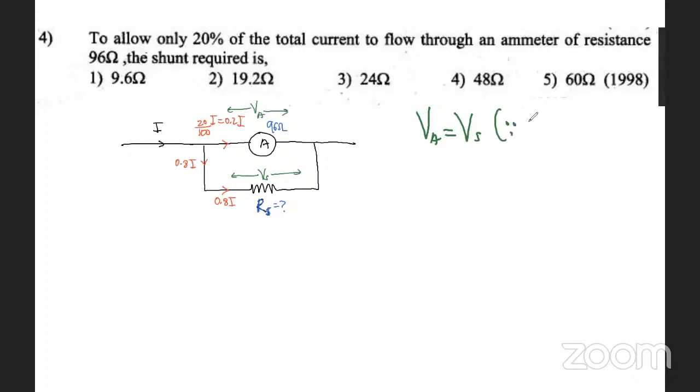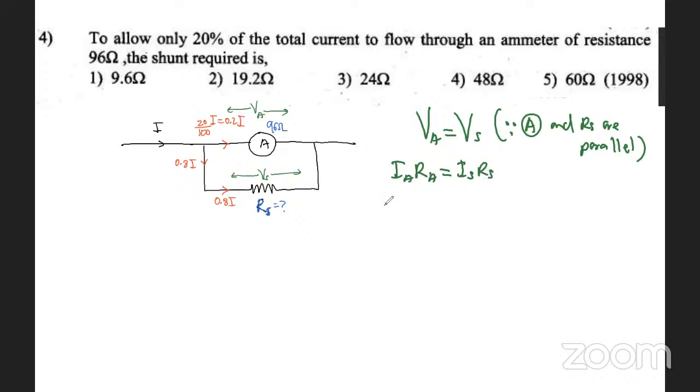Why? Because A and Rs are in parallel. When you put two components in parallel, the voltage across them will be equal. So the voltage across A is IA RA, and the voltage across the shunt is IS RS.